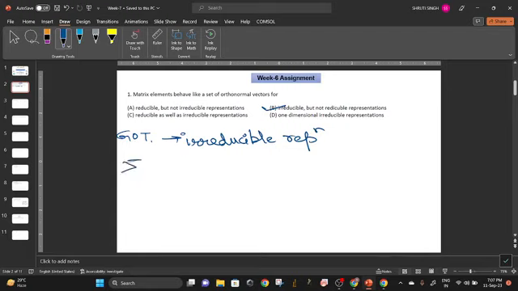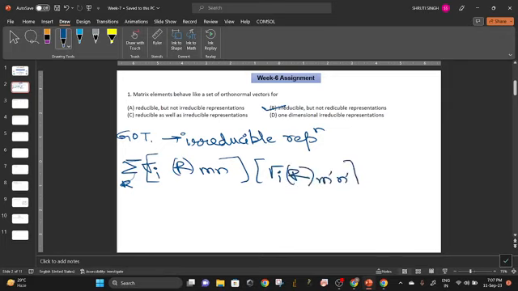So in GOT we write like this, right? Summation over R. This is one representation and we multiply it with its complex conjugate and we get some normalization constant and Kronecker delta here.